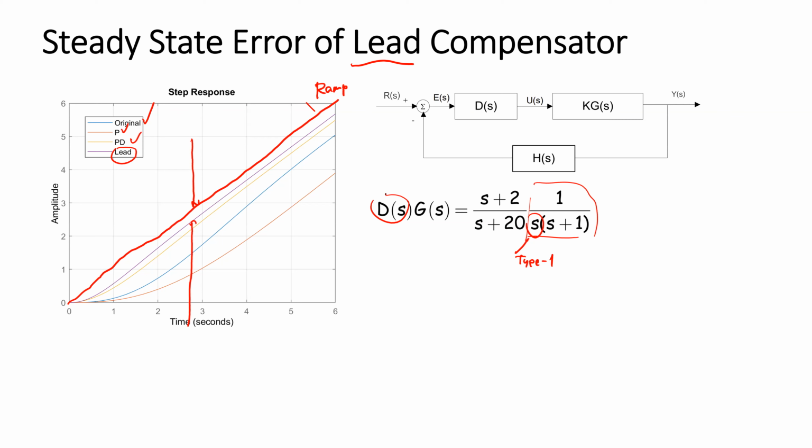The original system, the error is the reference minus the error multiplied by the controller.